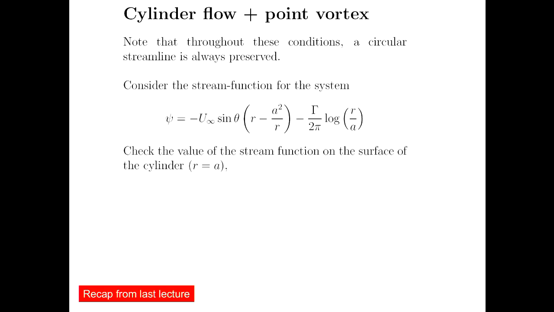And we have also proved that our cylinder remains a cylinder when we change the parameters gamma and u infinity, because we have shown that psi equal to 0 is a constant, therefore our cylinder is unaffected.